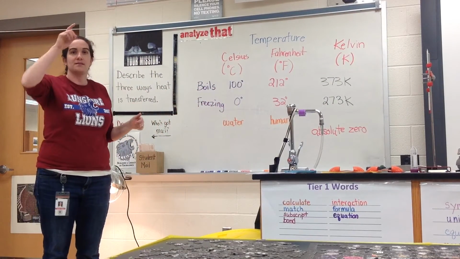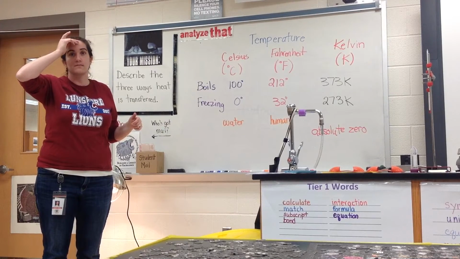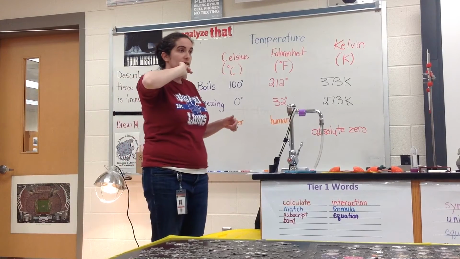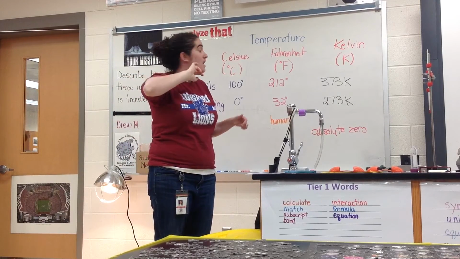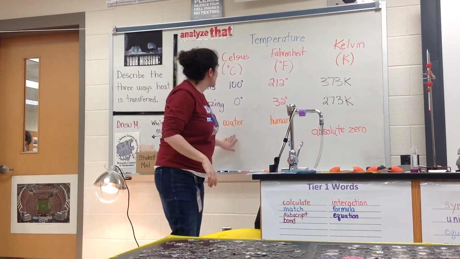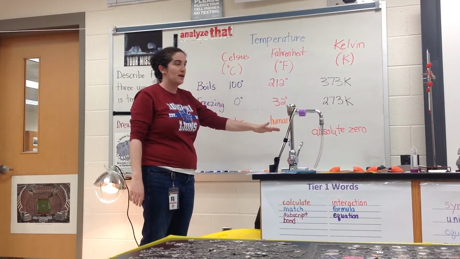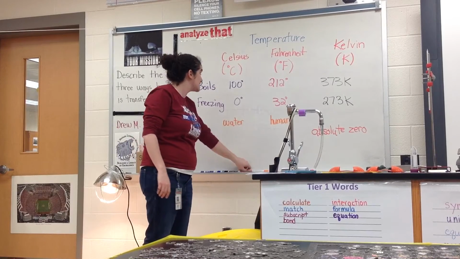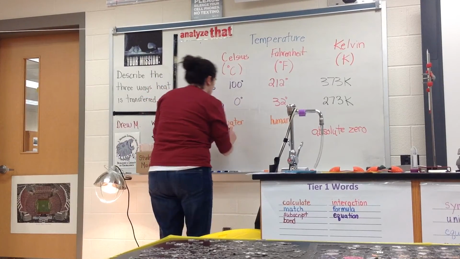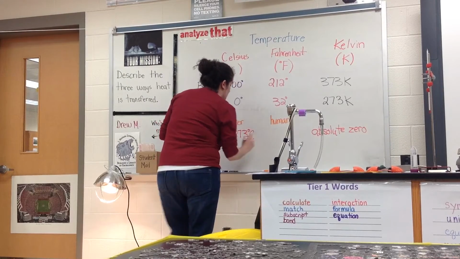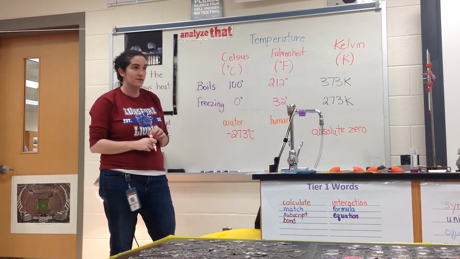All right? Yes? So you just add 273? Yes. If the increments of change are the same, then how is Kelvin different from Celsius? Kelvin is different from Celsius because absolute zero, the lowest possible temperature that we think could possibly exist, for Celsius degrees is negative 273 degrees Celsius.